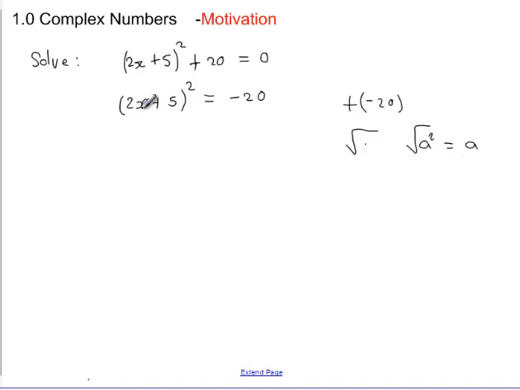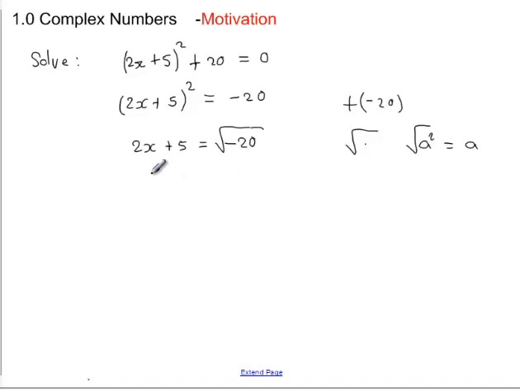So if I find the square root of this, I'll get 2x + 5 equals the square root of minus 20. What we saw yesterday in our tutorial is that we cannot put this in a calculator. When we start solving this equation, our hope is to get a number here. But immediately this is not an entity which we know, so we say that it is not real, isn't it?